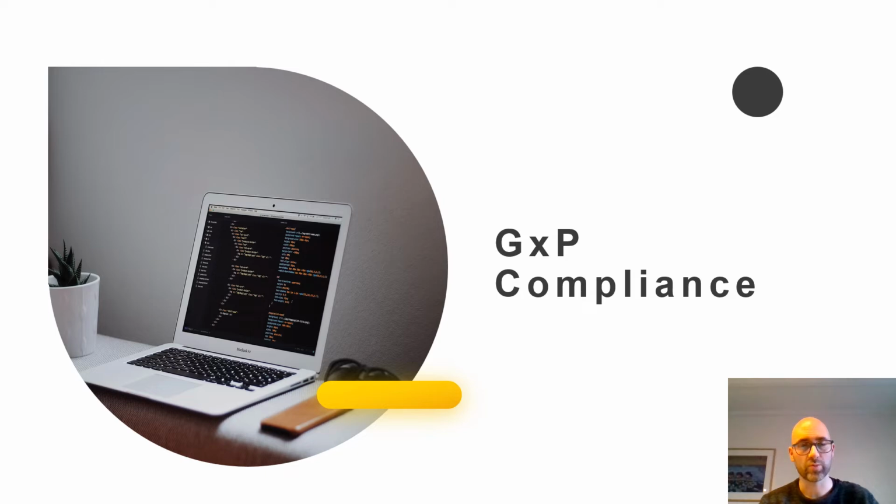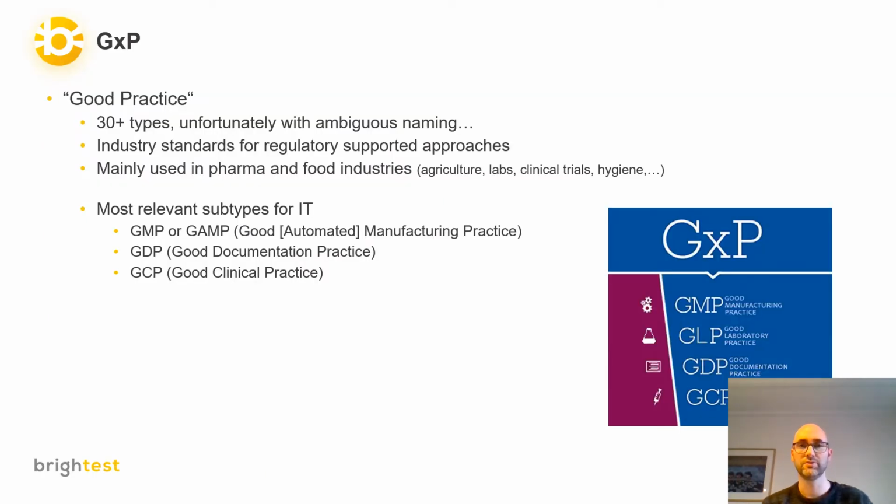Now let's focus on what's called GXP compliance. GXP is a grouping name for all kinds of good practices. Those are industry standards for regulatory supported approaches. There's more than 30 types of it, and they are mainly used in the pharma and food industries. You just replace the X by another letter and you have one of these subtypes.